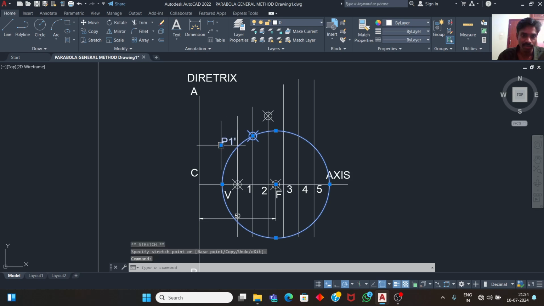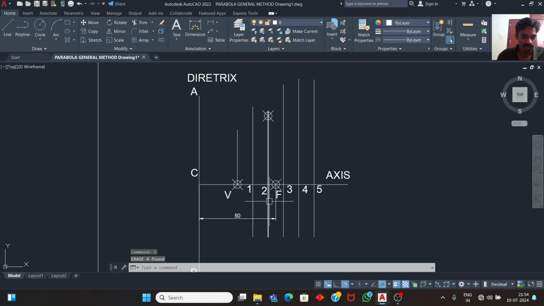We don't need to mark the point there. We only need to mark the points on the first perpendicular line, second perpendicular line, and third perpendicular line. So we don't want this vertex point. Erase it.